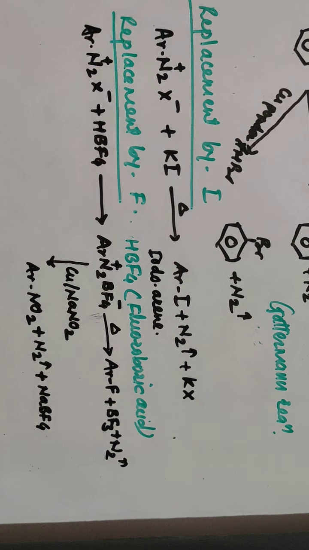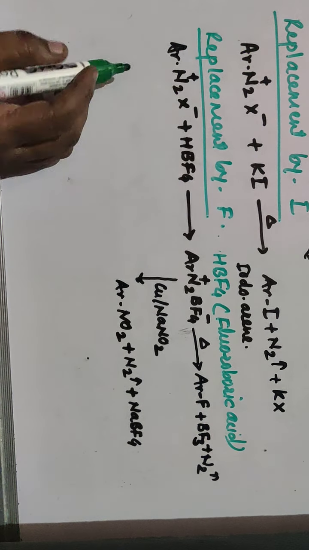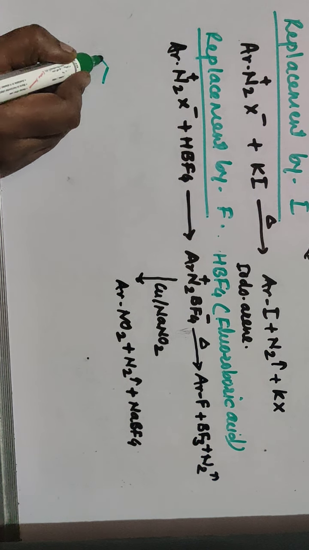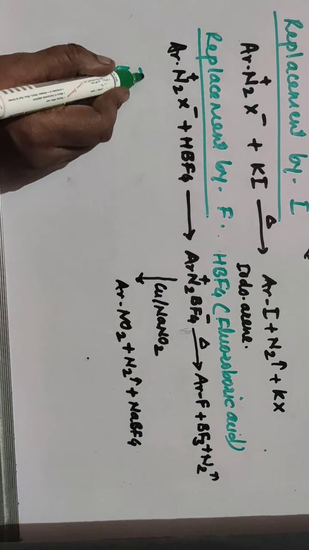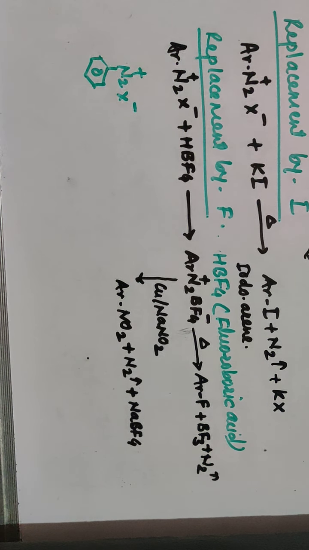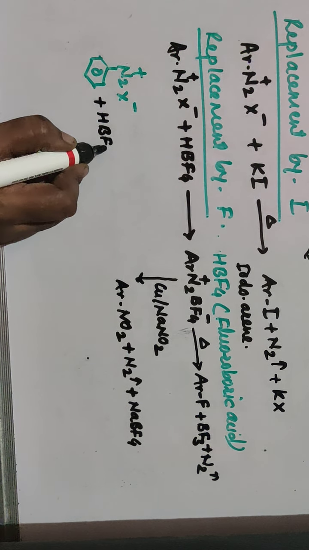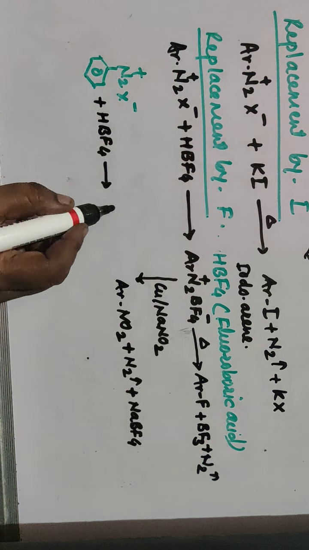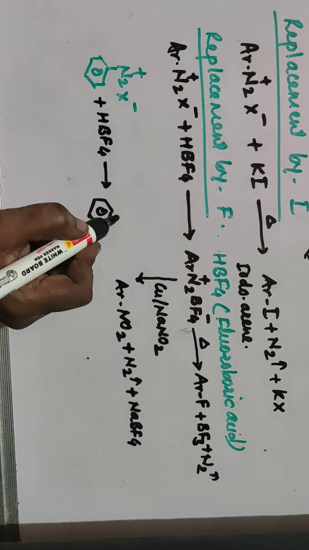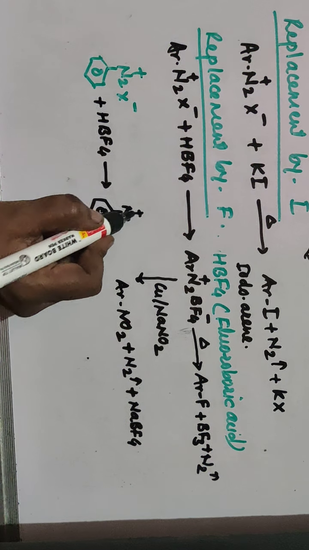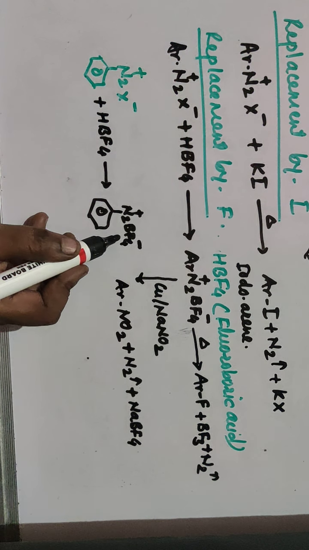So in this case, if I take the actual reaction, I'll write here only. Instead of Ar, a benzene ring is there, C6H5 N2+ X-. And when it is treated with HBF4, fluoroboric acid, first you will get C6H5 N2+ BF4-, benzene diazonium fluoroborate.